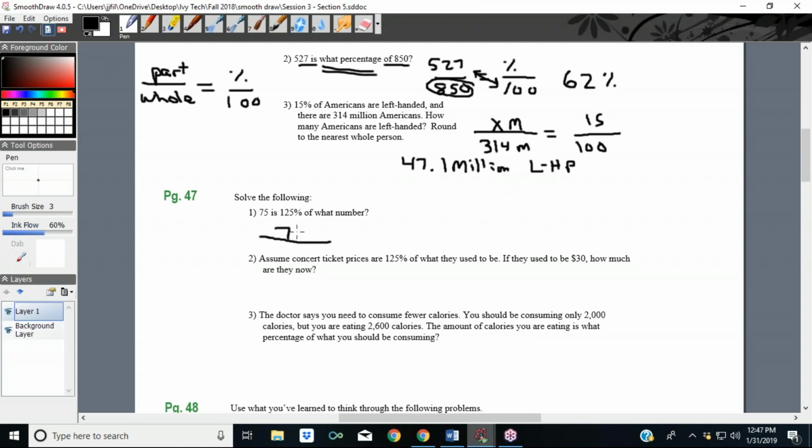So it says 75 is of what number, and then the percent that we're given is 125, and it still goes over 100. So we set it up the same way. But notice how in the right-hand fraction, the larger number is on top. That means that over here, the larger number is going to be on top, so our answer should be less than 75. So 75 times 100 divided by 125.